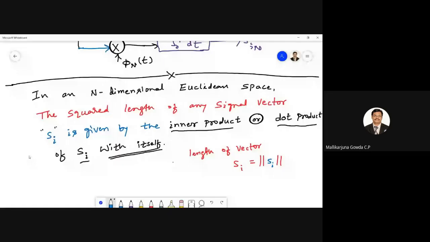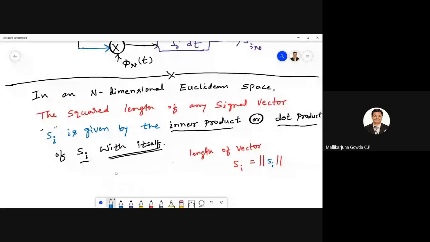And what I said here, the squared length of any signal vector is the inner product or dot product of the signal vector with itself. So I can write the squared length: the norm of Si squared is equal to the inner product or dot product.